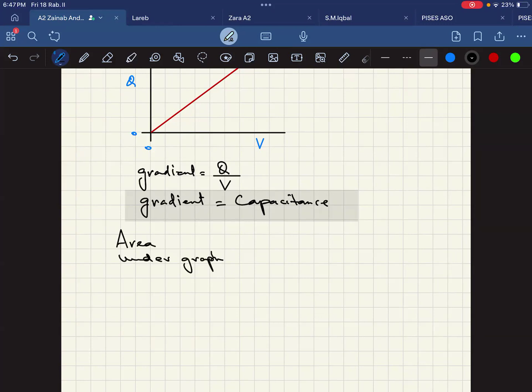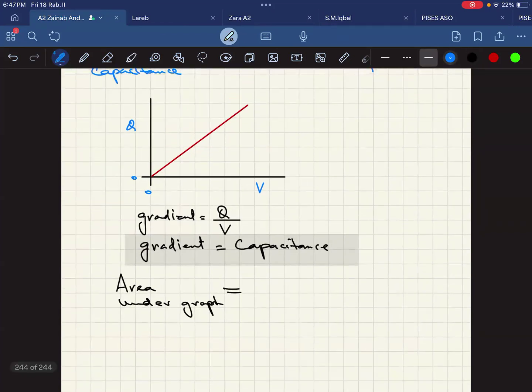Remember, the area under the graph in this graph is equal to, by the way, if I calculate the area under the graph by using a triangle, half base into height, Q into V or V into Q. This is always equal to the energy stored on the capacitor.